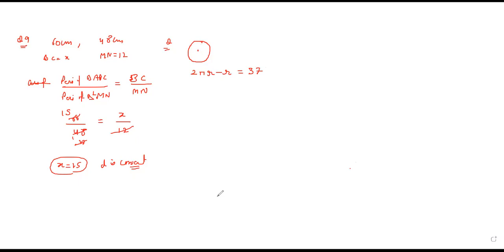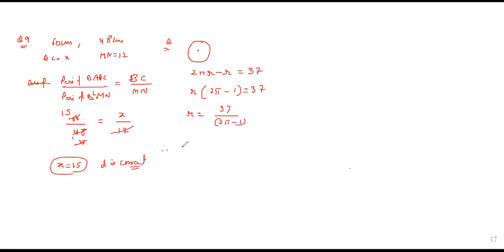The circumference, the difference is given to you as 2 pi r minus r, so find out r from here. What is r? This is 2 pi minus 1 times r is equal to 37. So my r is equal to 37 upon 2 pi minus 1.